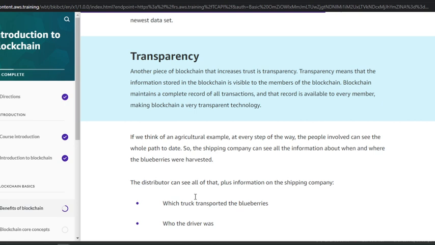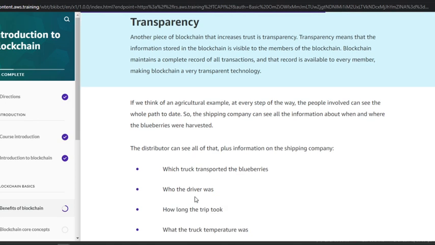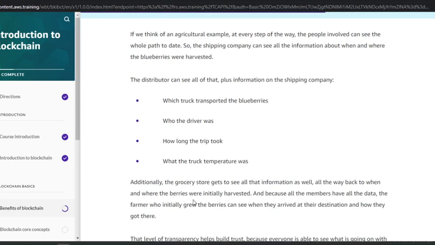The distributor can see all that, plus information on the shipping company: which truck transported the blueberries, who the driver was, how long the trip took, and what the truck temperature was.